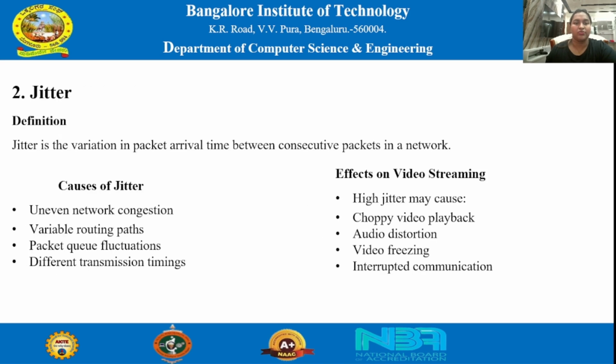Next one is the jitter. Jitter is the variation in the packet arrival times. For example, packet 1 arrives at 10 milliseconds, packet 2 after 15 milliseconds, and packet 3 arrives after 8 milliseconds. This variation is called jitter.